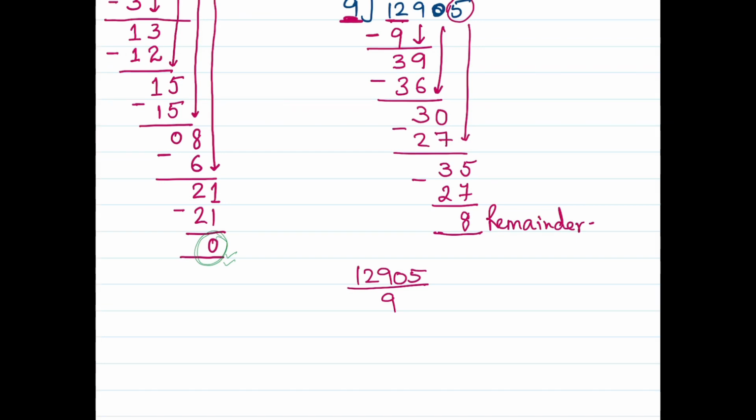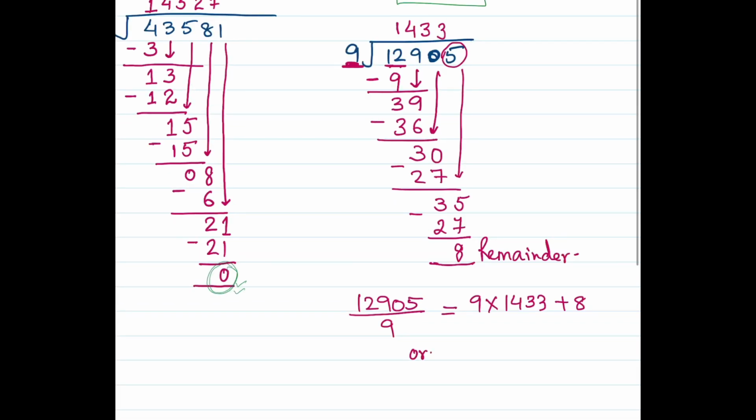So that means this is equal to 9 times 1433 plus 8, or you can write it as 1433, which was your quotient here at the top, plus 8 over 9.